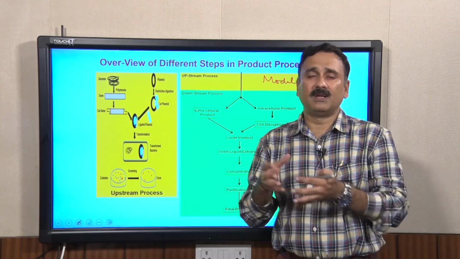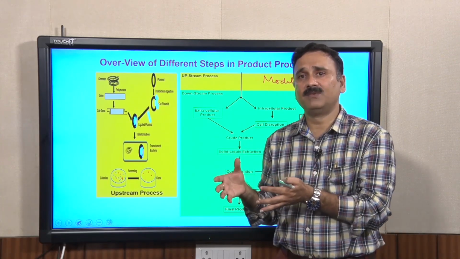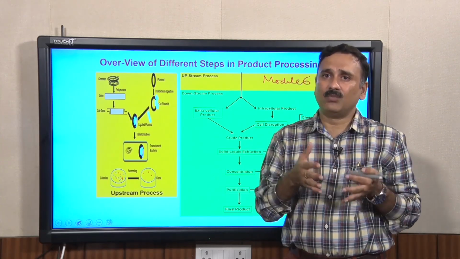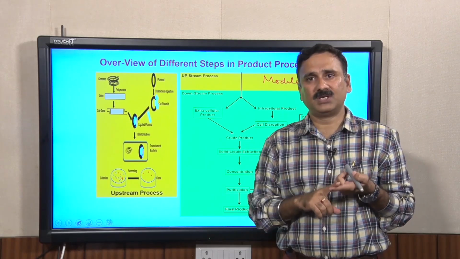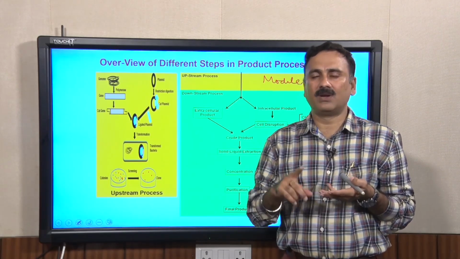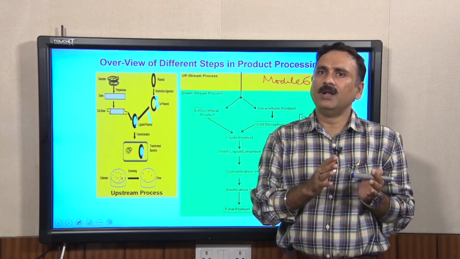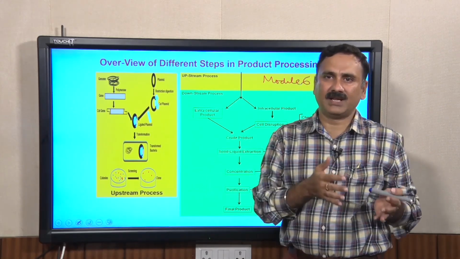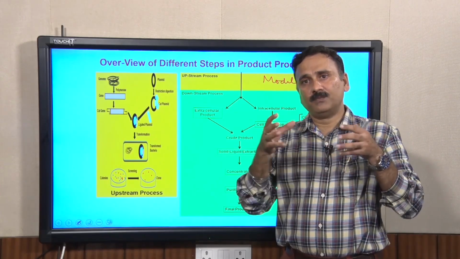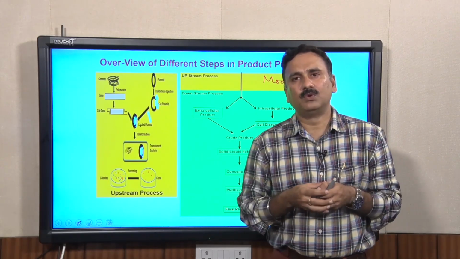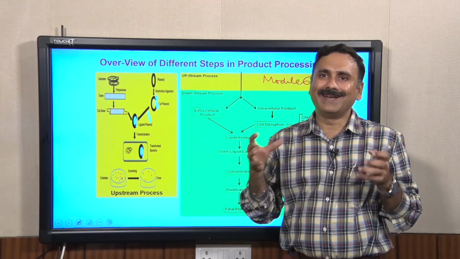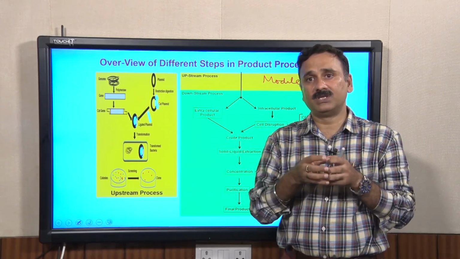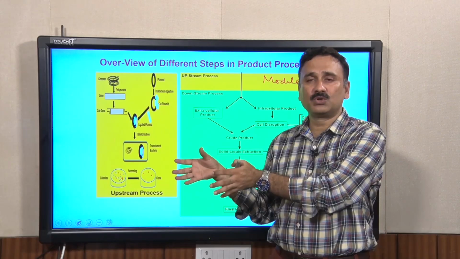Then we also discussed the different molecular tools available for manipulating DNA, whether it is restriction enzymes, DNA ligases, alkaline phosphatases, or linkers and adapters. By using these tools, you can integrate your recombinant gene of interest into the vector of your choice.